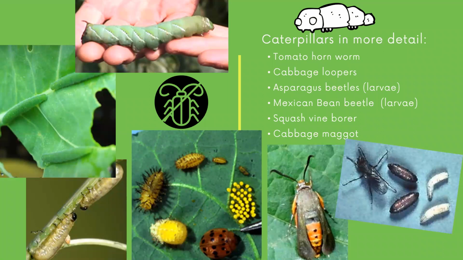But what they do is they lay an egg on the underside of the vine, and the egg hatches out into a larva, and the larva burrows into your stem of the vine and just starts tunneling all the way down the vine until it's through its life cycle.